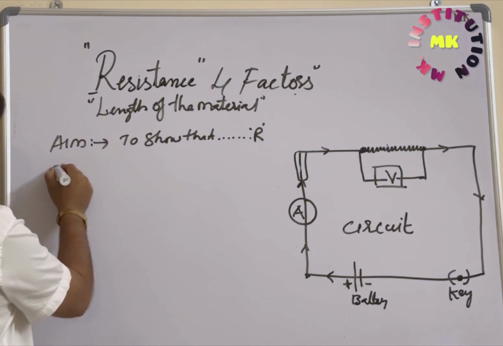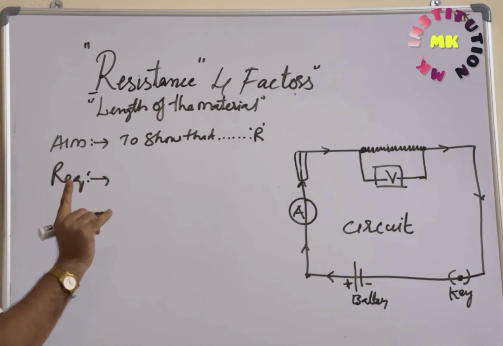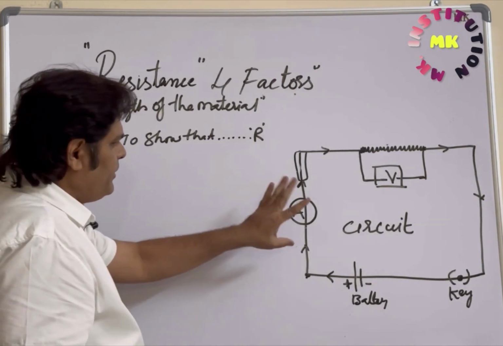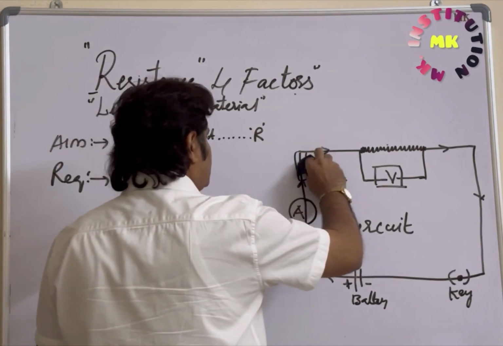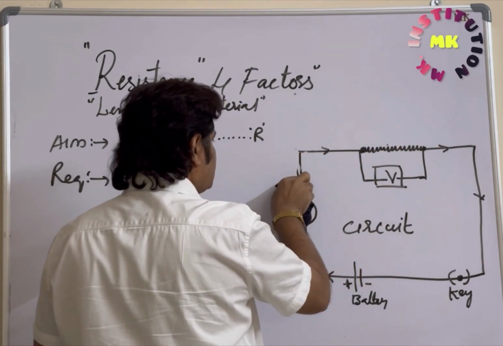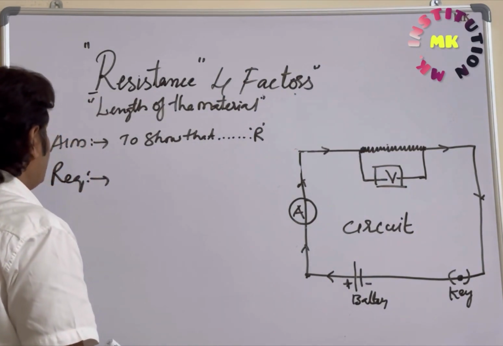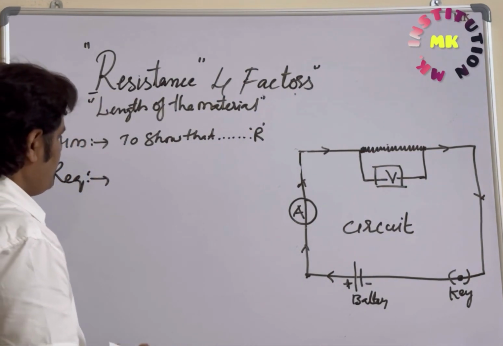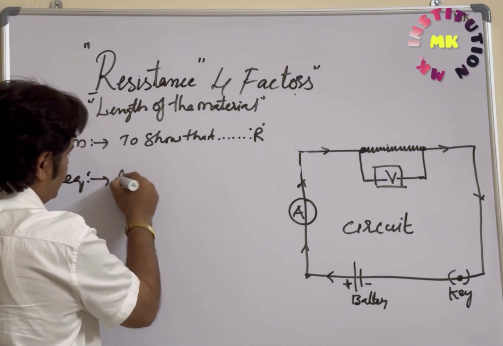Clear? Now what are the requirements for this experiment? Same requirements. Only one or two things will be changing here; the remaining 90% is the same. So what are the requirements we are taking now?